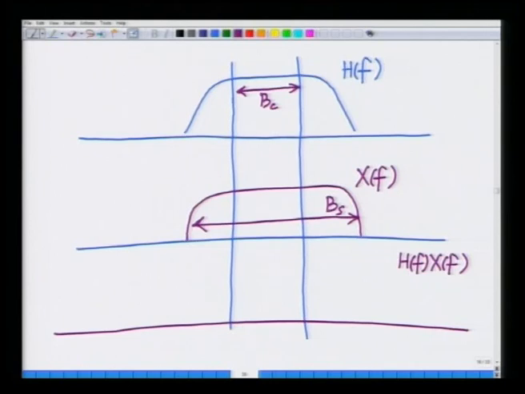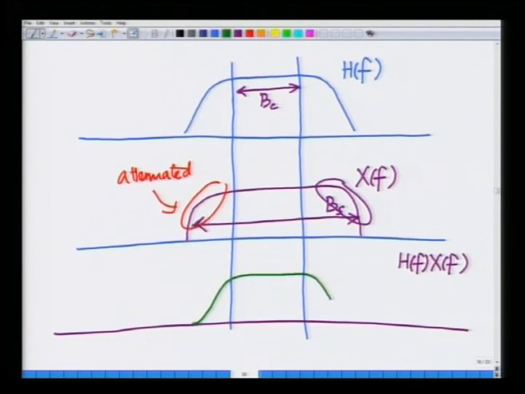In this part, it is the flat part, that is not a problem. However, here it is significantly attenuated. Look at this, here the response is significantly different from the response in Bc. So, the edges of the signal will be attenuated, and what I get will look something like this, which means these portions are attenuated.